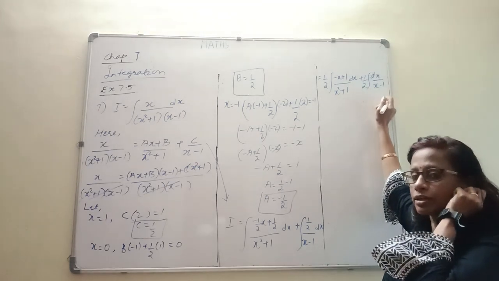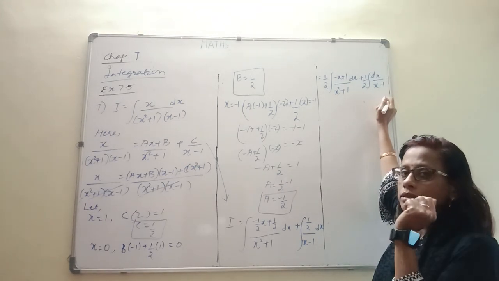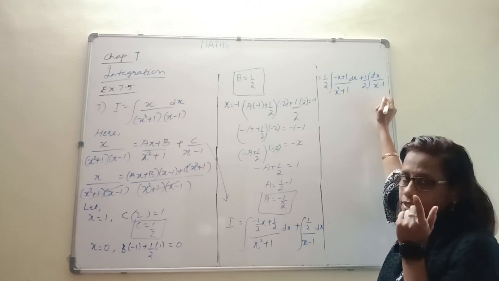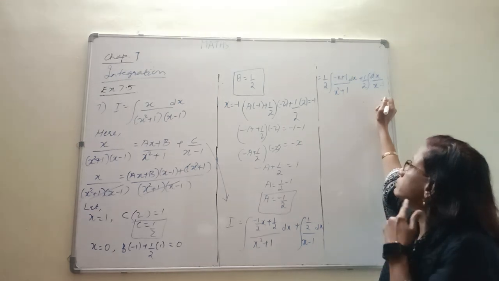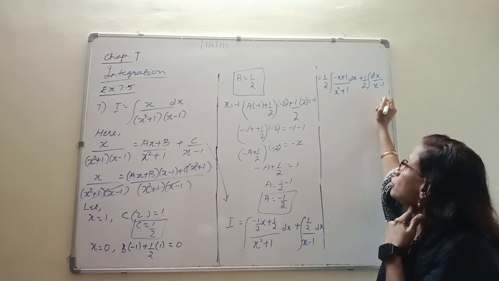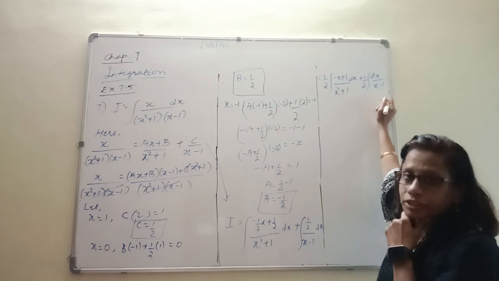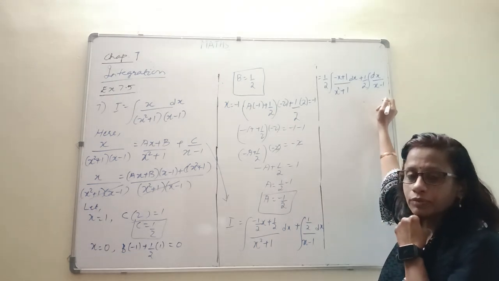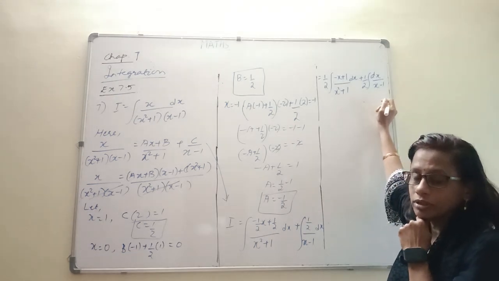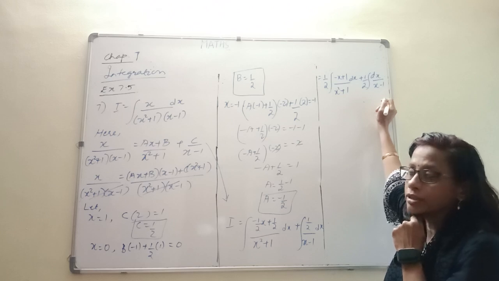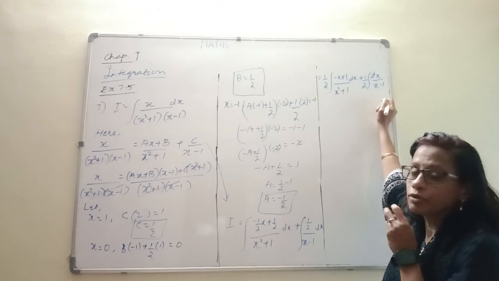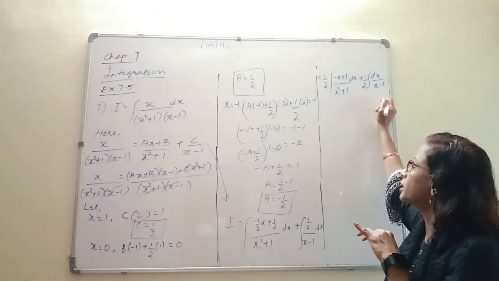Why? Because the denominator is a quadratic, but the numerator is a linear, and the numerator is not even the derivative of the denominator. If the numerator is the derivative of the denominator, still you can find out the integral easily, but here it's not the case. So therefore you have to express the numerator as derivative times denominator and all that.